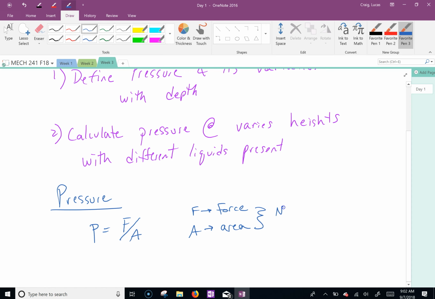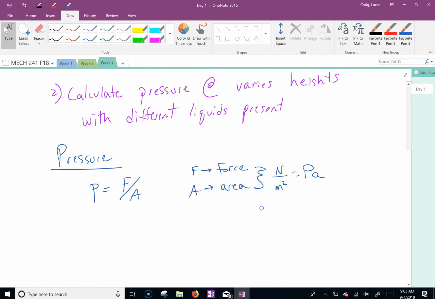The units are Newton per meter squared, which is a Pascal. It's the other name for it. 1 bar is another unit, which is 10 to the 5 pascals, which is 0.1 megapascal and 100 kilopascals.